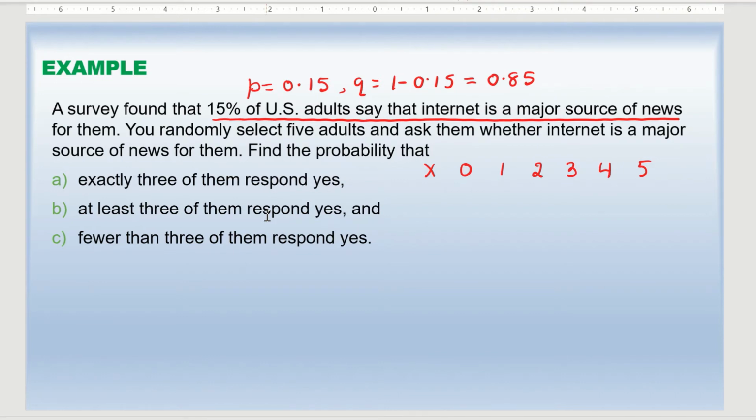So let me create the probability distribution for this over here. When I say probability distribution, it is the collection of the random variables in the binomial experiment and their corresponding probabilities P of x. So I want the probability of each of them here. You already know how to find the probability using the formula or using the calculator.